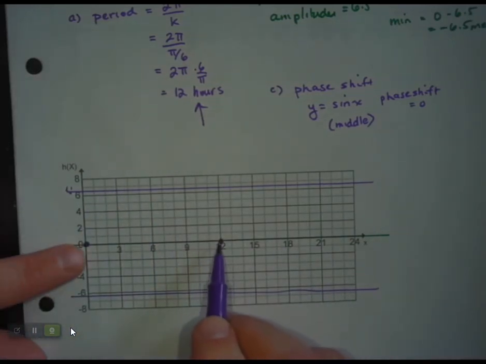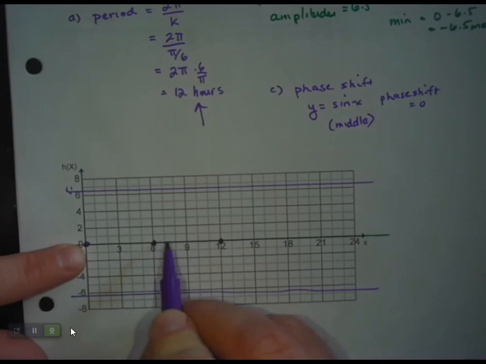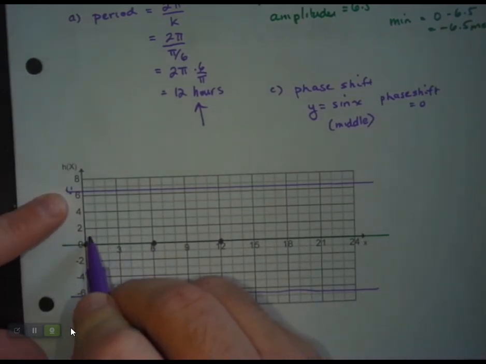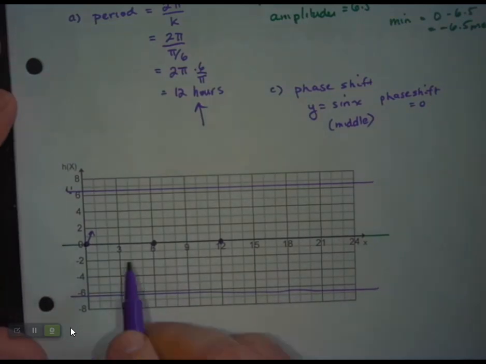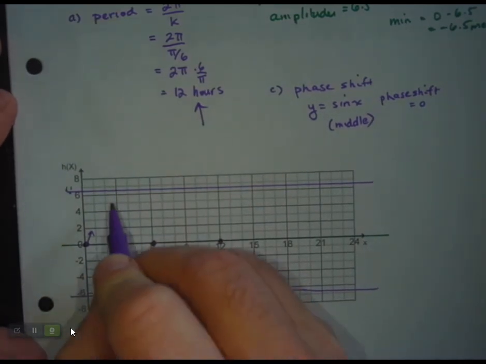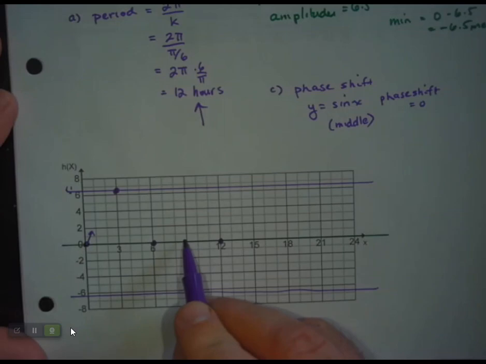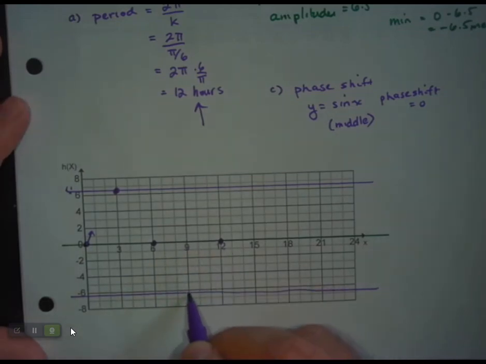That point has to be in the middle of 0 and 12. We know that this graph is going to increase there, so half of 6 is 3. Between 6 and 12 is 9.